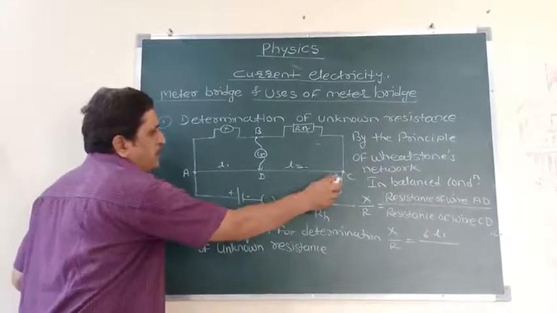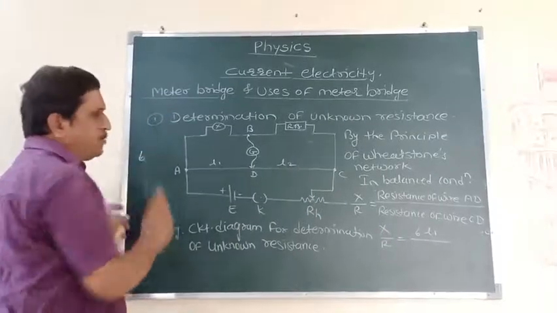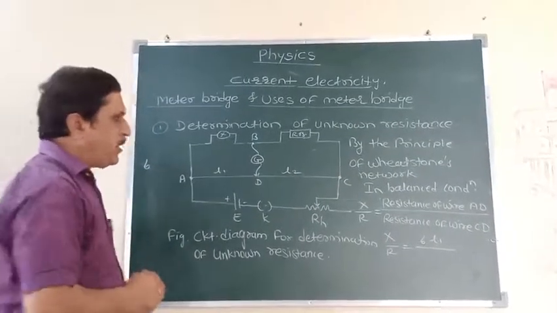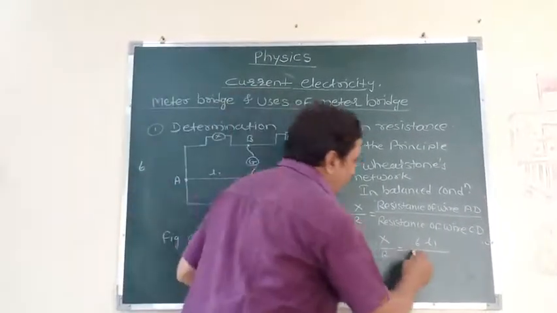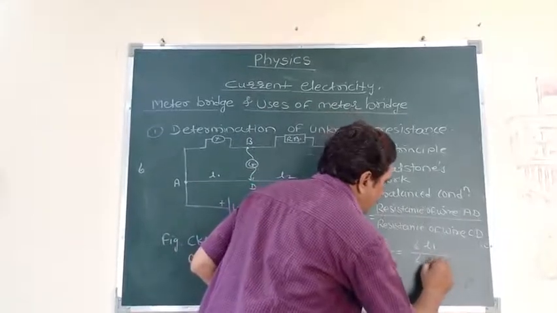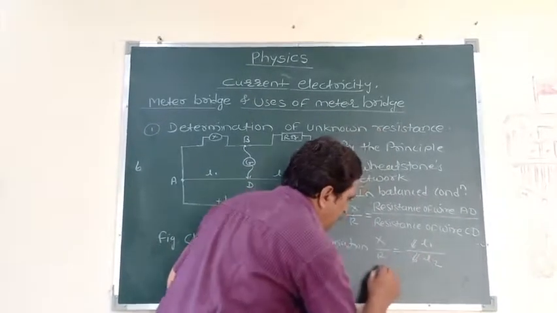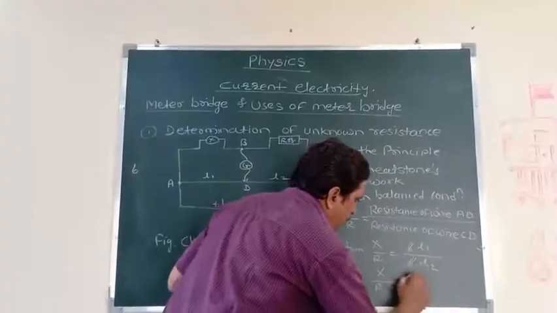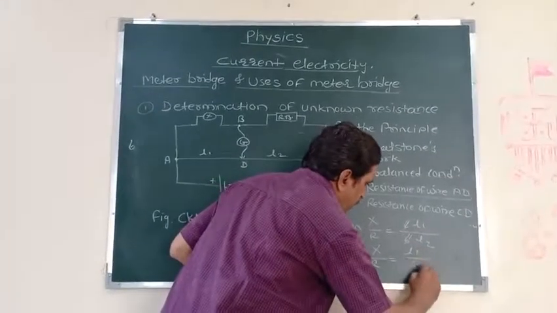Now length of wire CD is nothing but L2. If sigma is the resistance per unit length of the wire, then resistance of wire CD is nothing but sigma into L2. That means X divided by R is equal to L1 divided by L2.